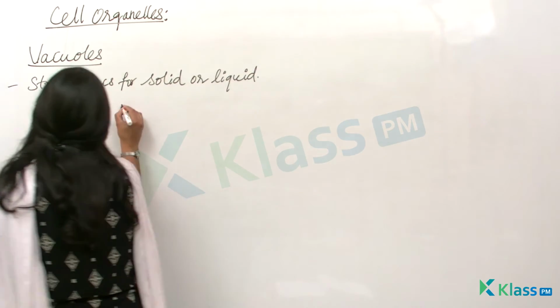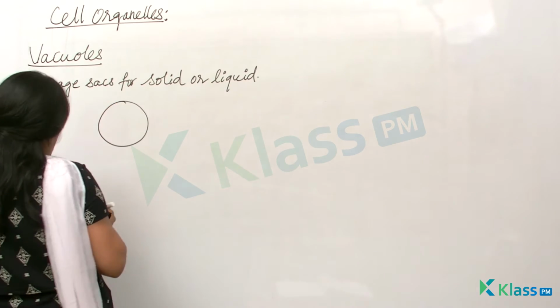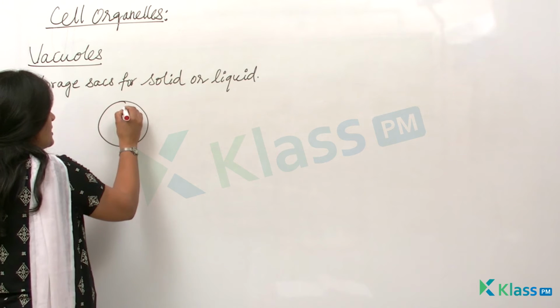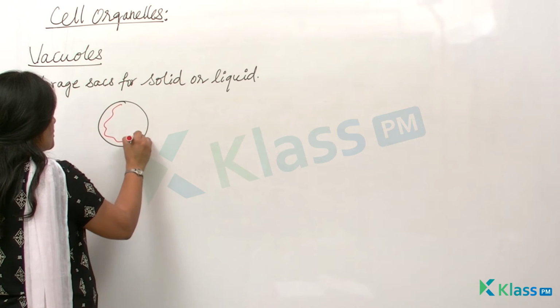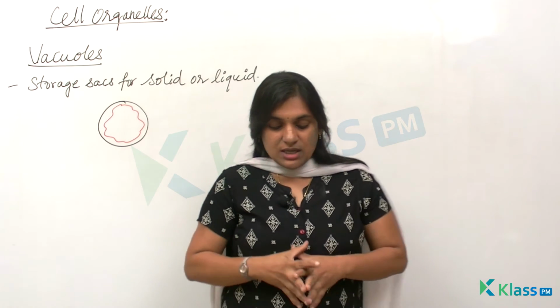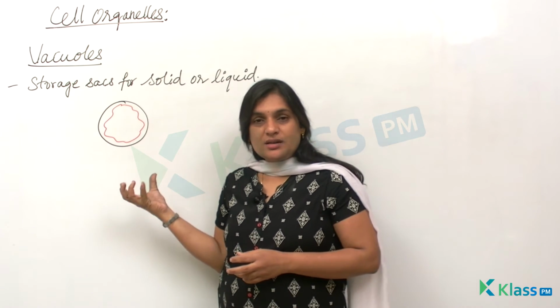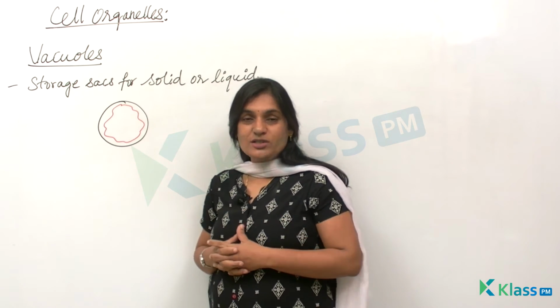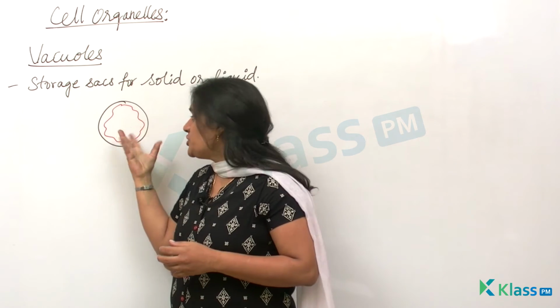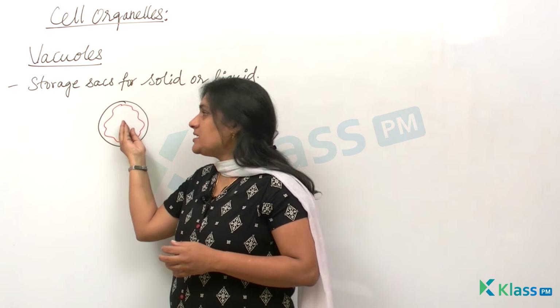If this is the cell of a plant, you can see that in a few plant cells the vacuoles occupy almost 50 to 90% of the cell volume. The plant cell vacuoles are full of cell sap. Assume that this is a plant cell and it has a vacuole in it.